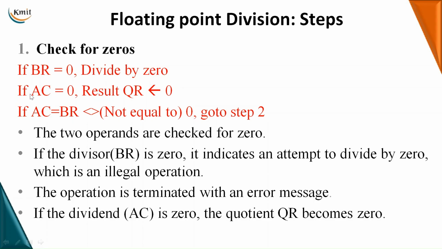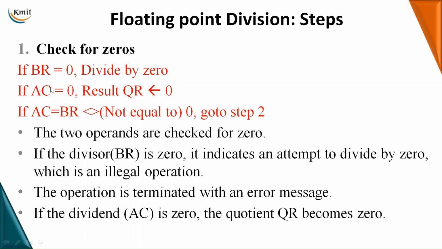The next step, we check if AC is equal to 0. AC means the dividend. If the dividend is equal to 0, then obviously if you divide 0 by something, the result is 0, so the quotient also becomes 0. So if the dividend is 0, the quotient, which is stored in the register QR, is set to 0.